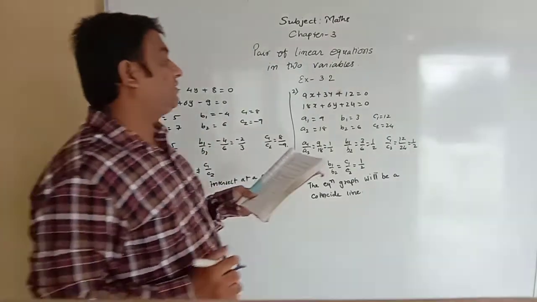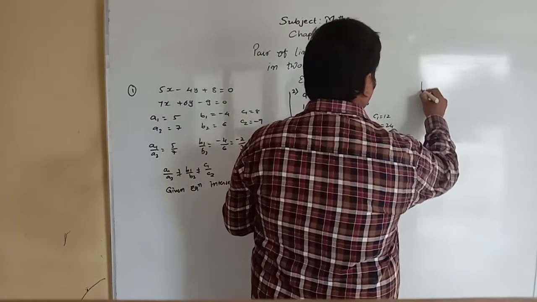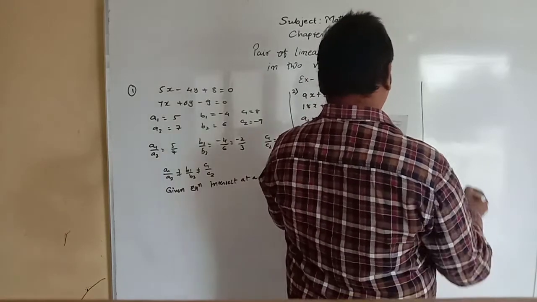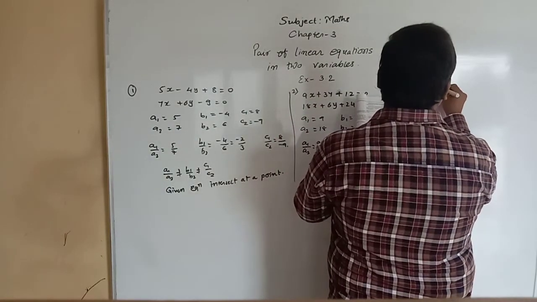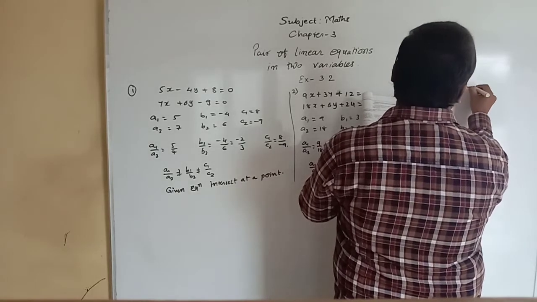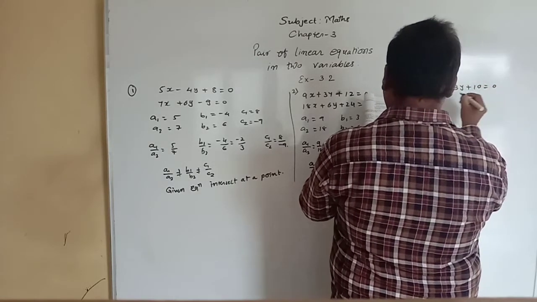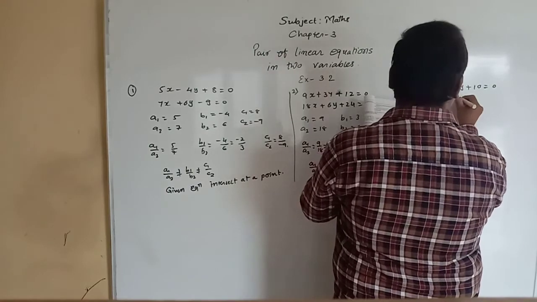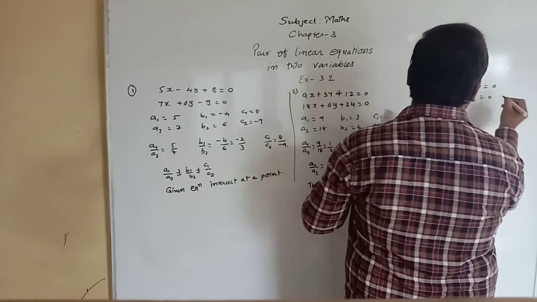The third equation is given: 6x minus 3y plus 10 equals 0, 2x minus y plus 9 equals 0.